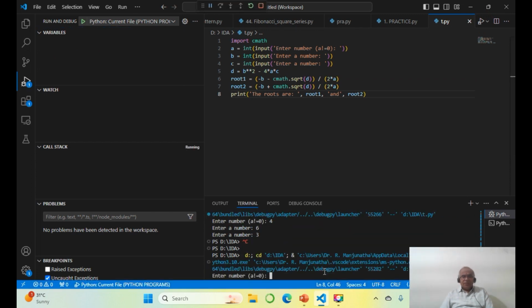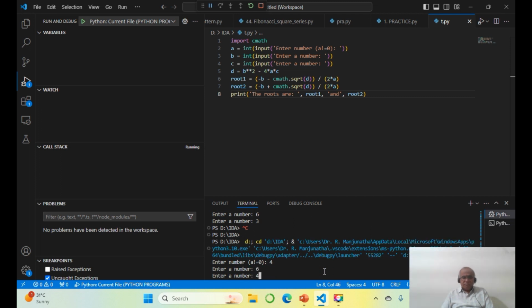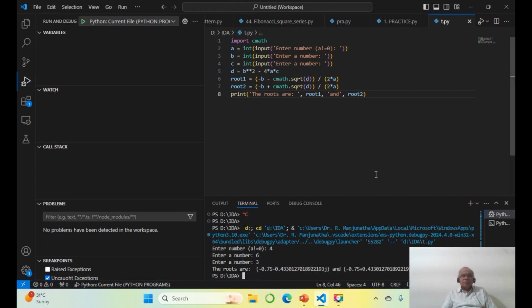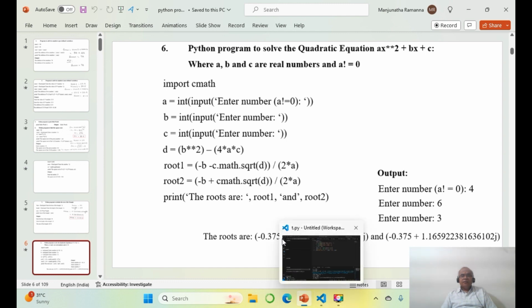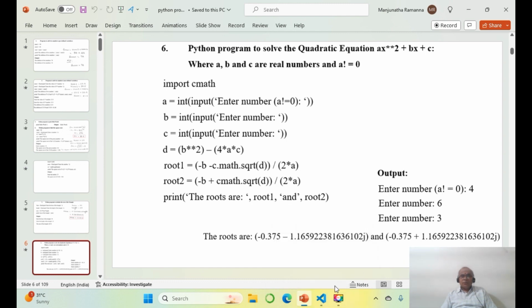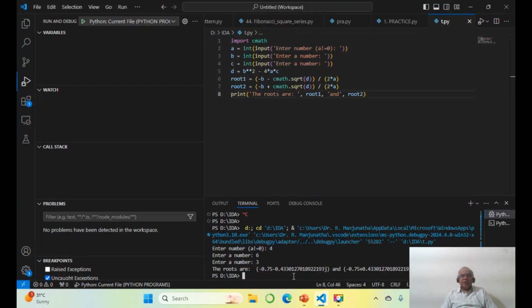So I will say 4, 6, 3. So the roots of the quadratic equation are minus 0.75, and then this is the number you are getting, minus, and this is the number you are going to get in the quadratic of real and imaginary roots.